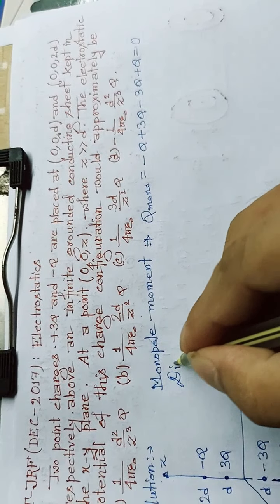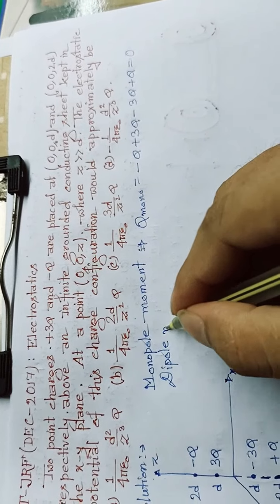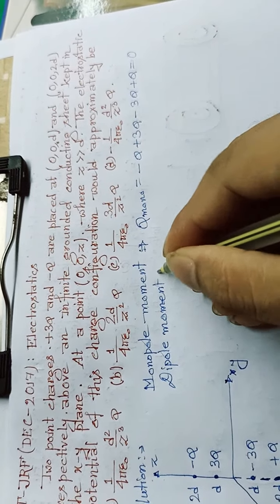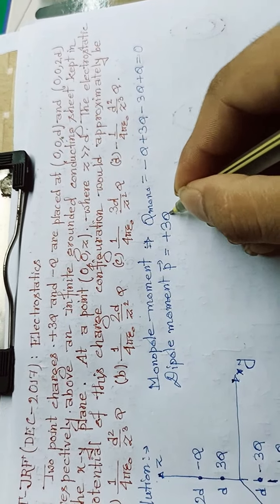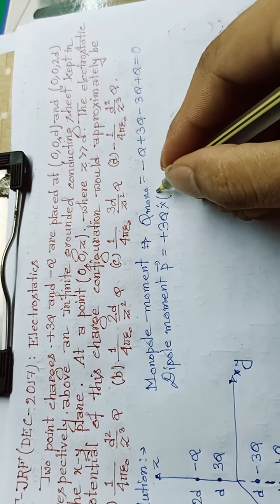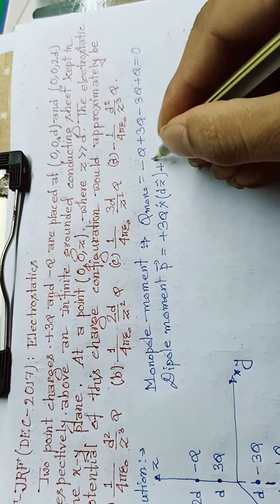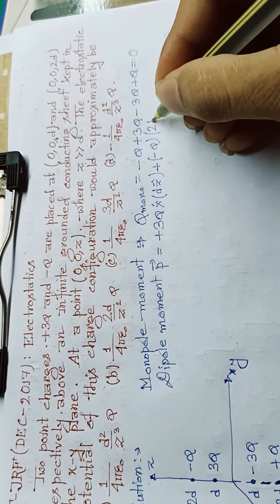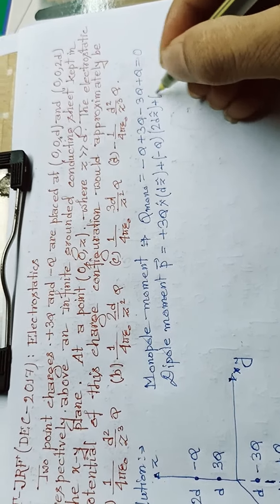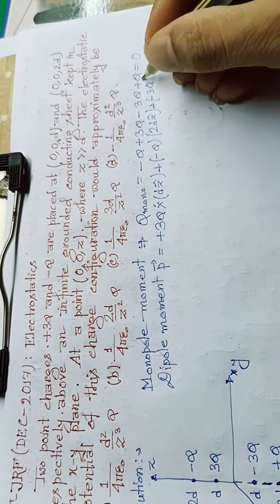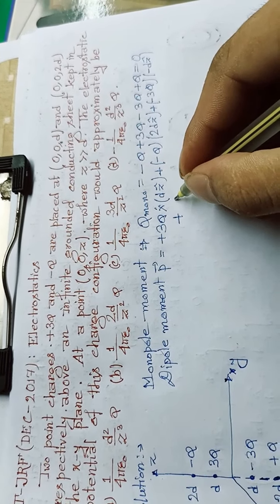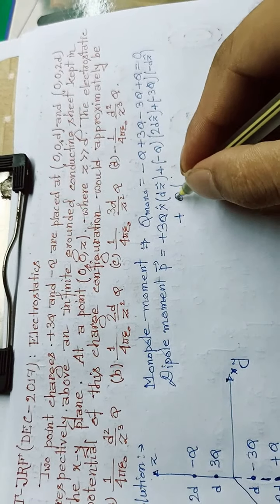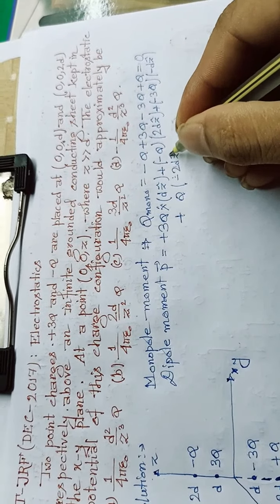Now we have to consider the dipole moment. The dipole moment P is equal to +3q times d z cap, plus -q times 2d z cap, plus -3q times -d z cap, plus q times -2d z cap.